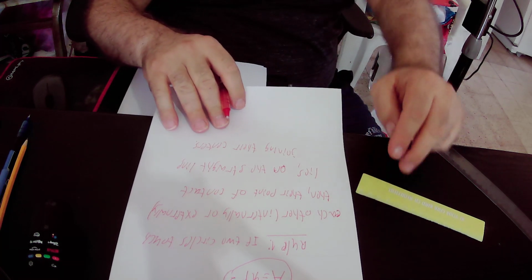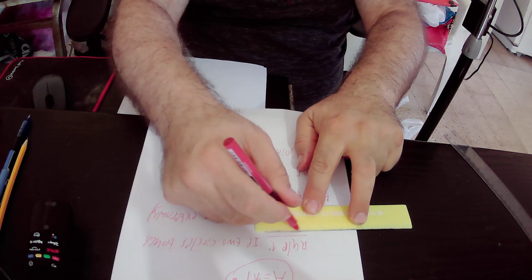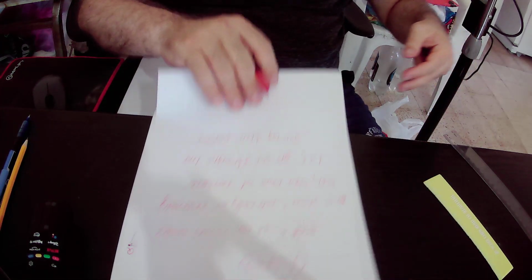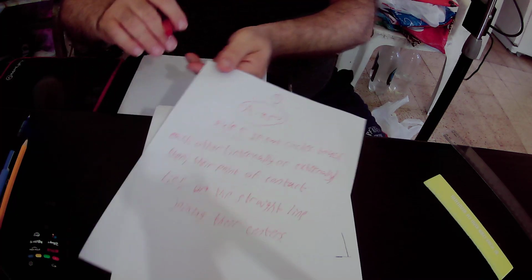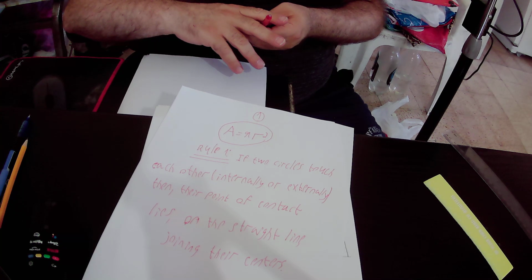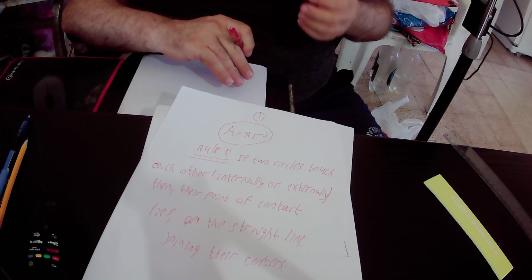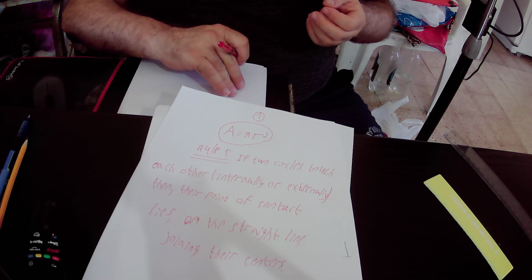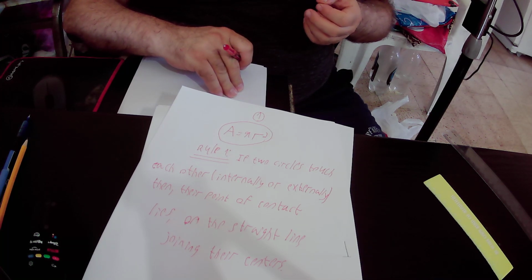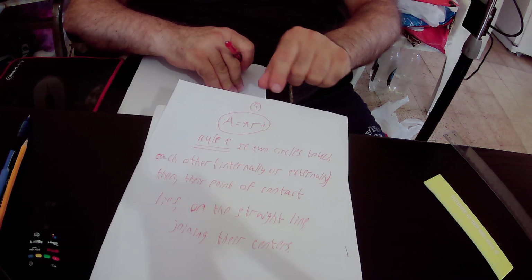I will read rule number 1 again. If two circles touch each other, either internally or externally, then their point of contact lies on the straight line joining their centers.